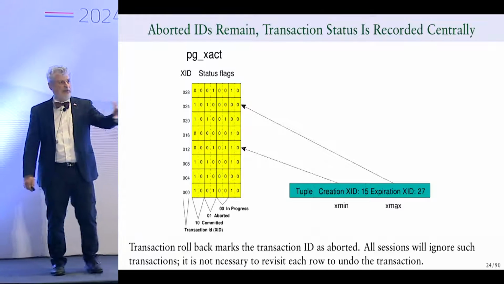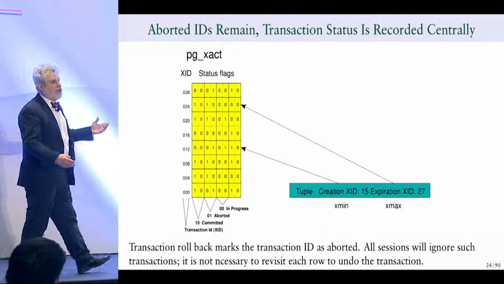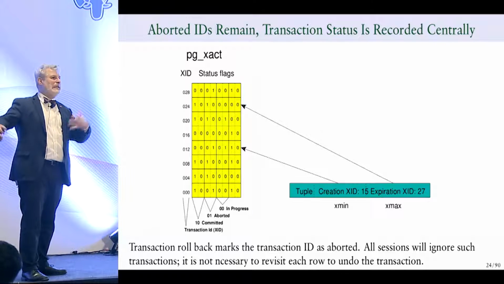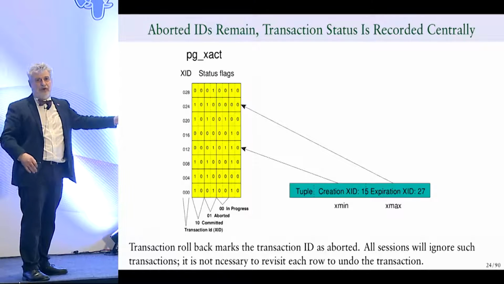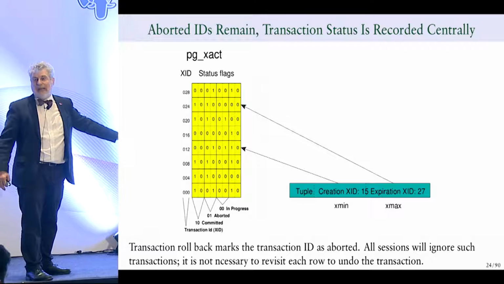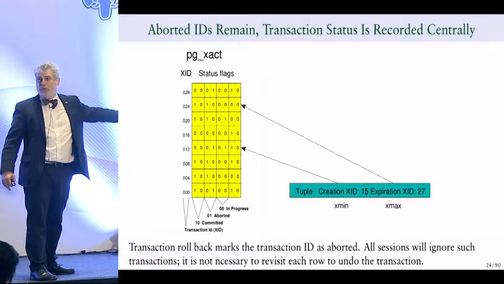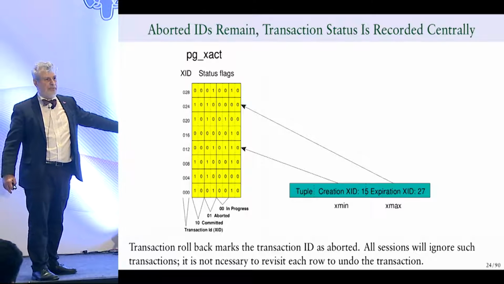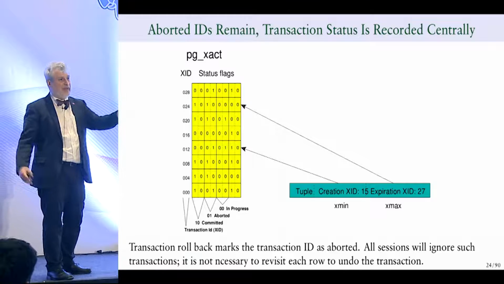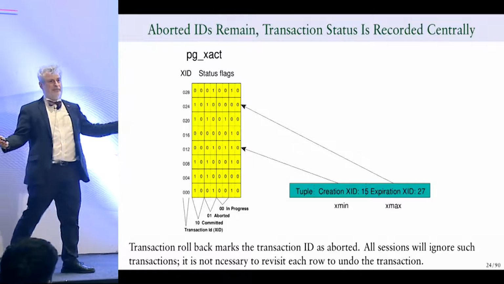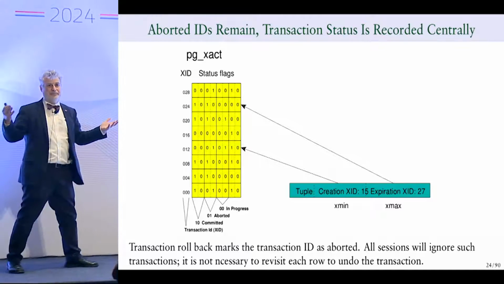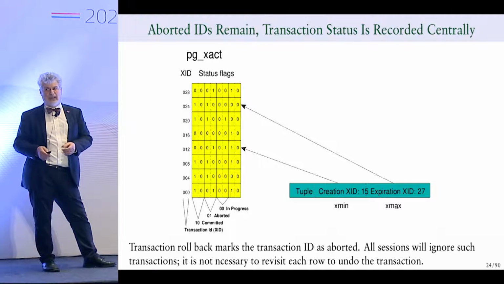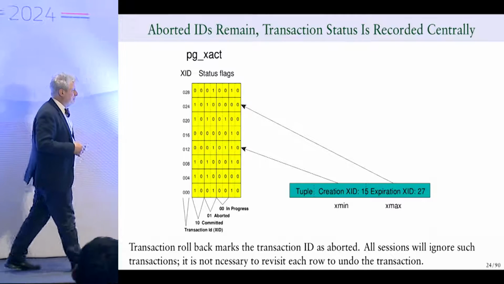Okay, so that's how an abort is handled. We actually don't go back and clean up the rows in an abort. All we have to do is mark the transaction as aborted, and every future transaction will know that that's aborted. So aborts of transactions are super fast because all we have to do is set a bit, and just keep going. Really interesting implementation, I think.